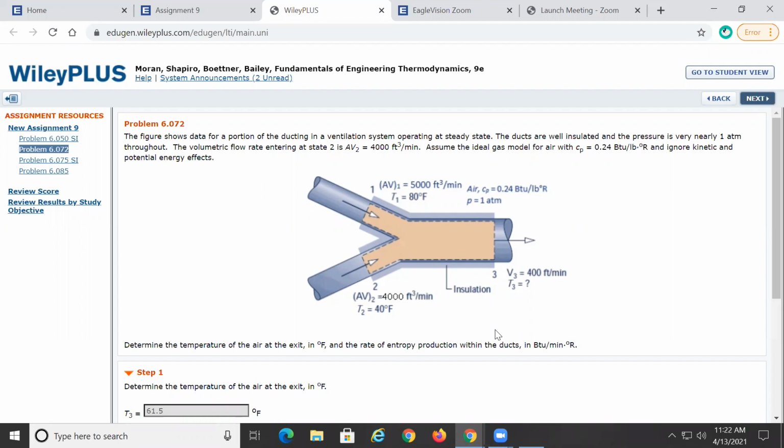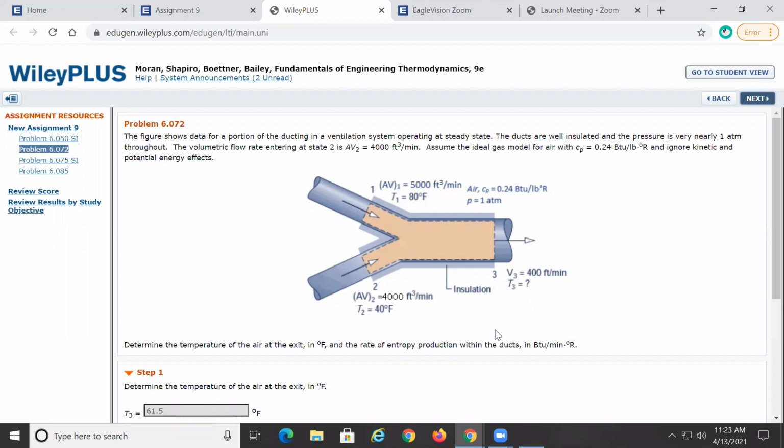Okay, so it looks like the ducts are well insulated, meaning what? That it is not exchanging heat, and the pressure is very near 1 atmosphere throughout the volumetric flow rate. So basically there is no change in pressure, no? Everything is P. All right. And steady state means the same amount of mass is coming into the system that is leaving.